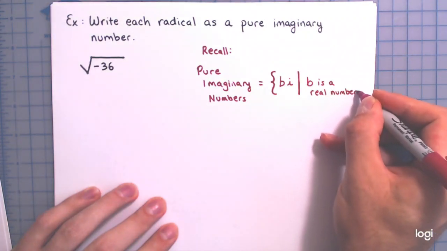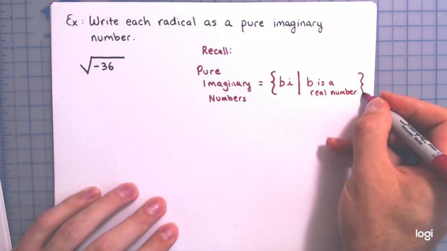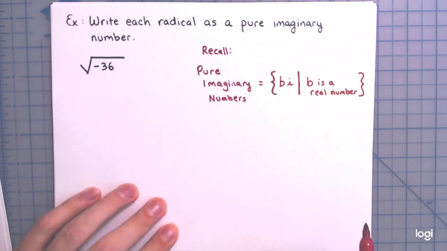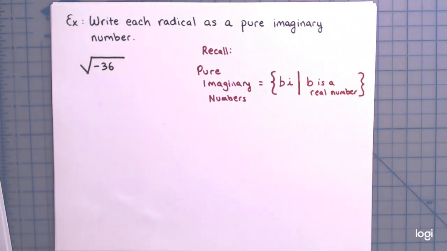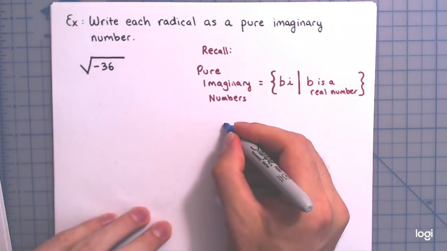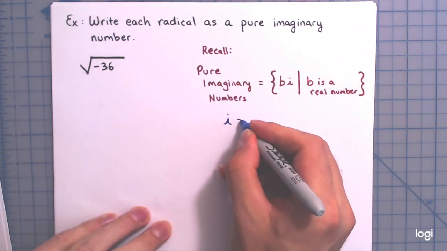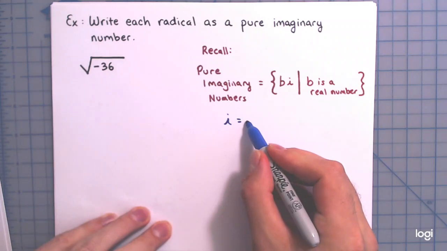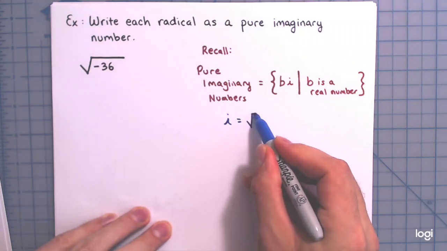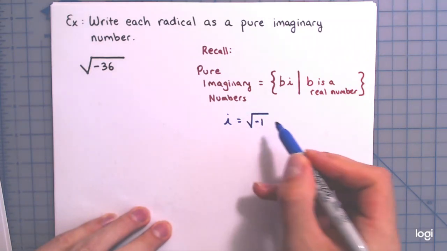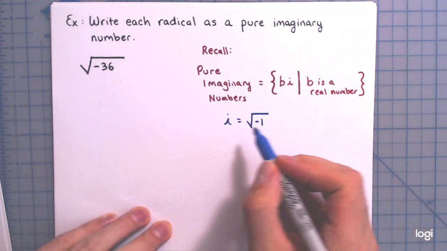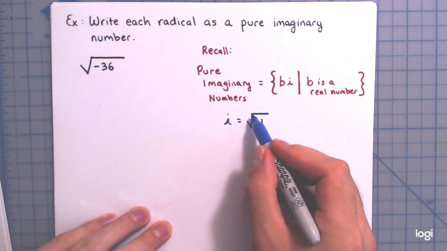So some rational or irrational number times i is a pure imaginary. And again, remember this i is what they call the principal square root of -1. You might see it symbolized as the square root of a negative.